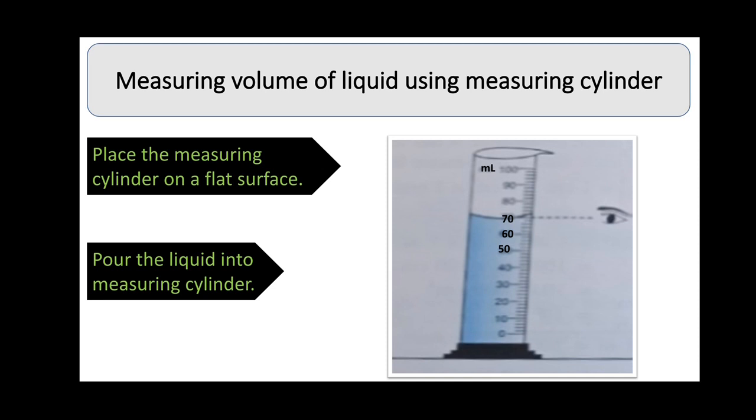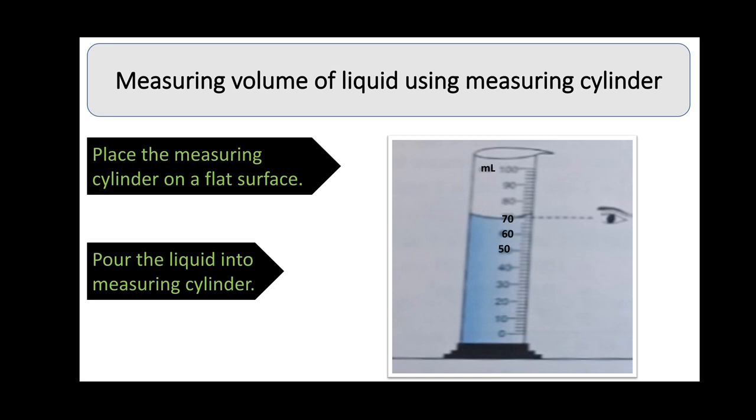And what about here? Which unit do we have to use? Yes, we have to use the unit milliliter, ml. How do you come to know? Here we can see that at the top of this cylinder, it is marked as ml. So, the volume of this liquid is 70 ml.